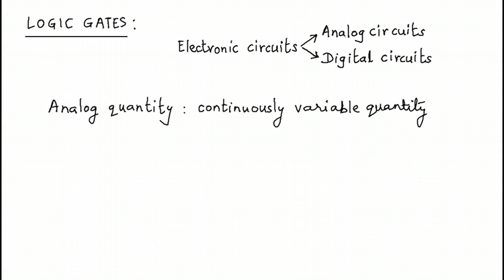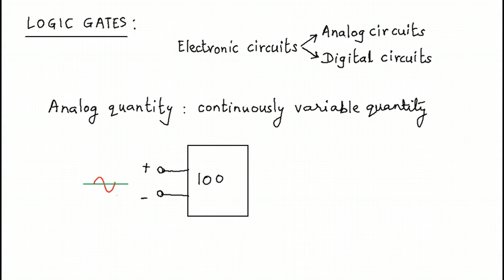As an example of an analog circuit, let's consider an amplifier whose voltage gain is equal to 100. So on the left hand side, these are the input terminals of the amplifier, and the input voltage applied across these terminals, let's imagine it to be a sinusoidally varying voltage like that.